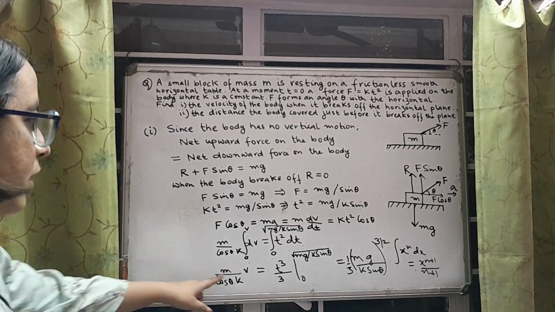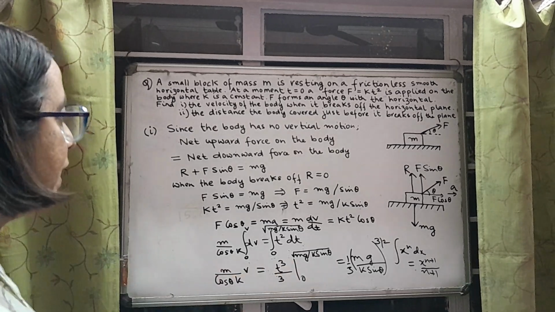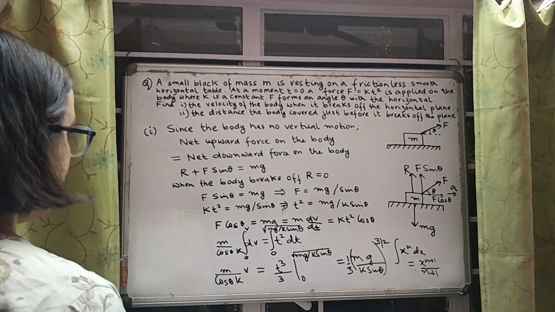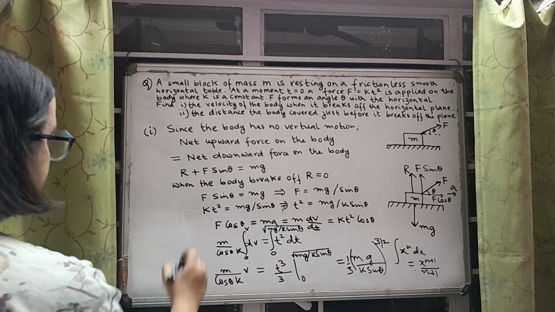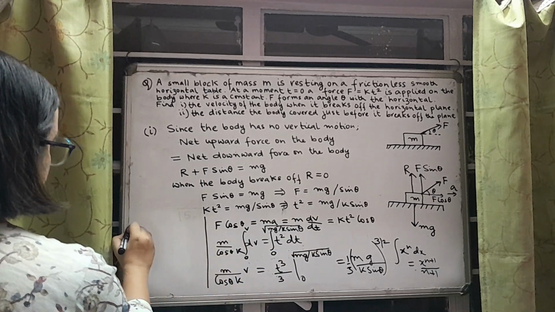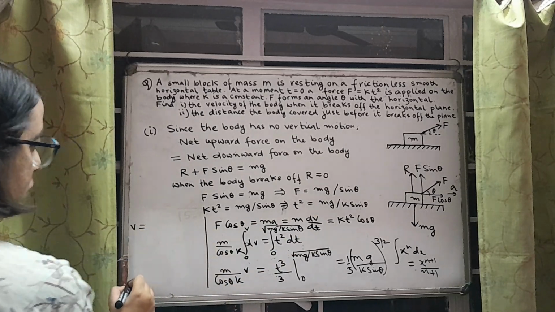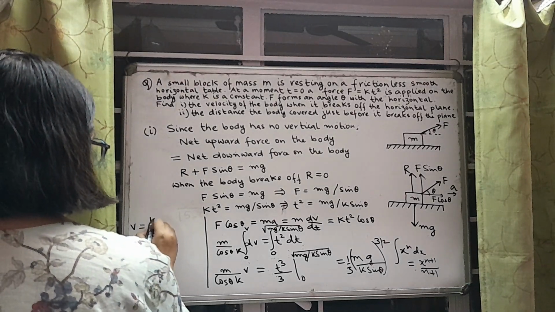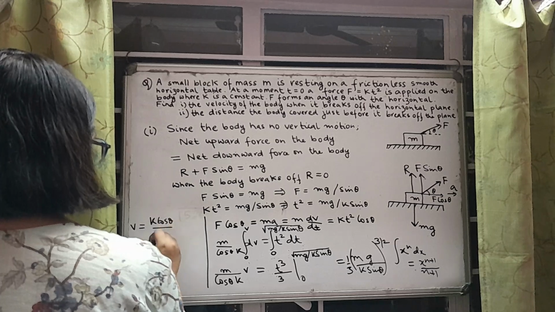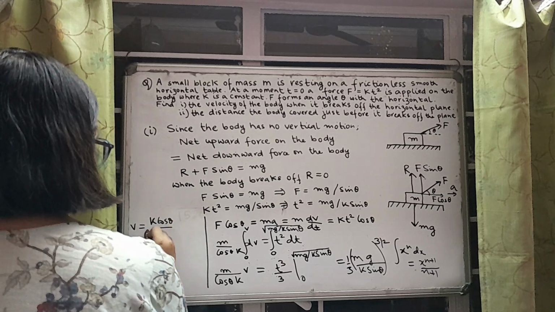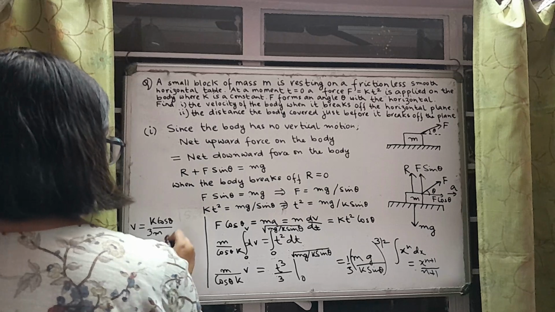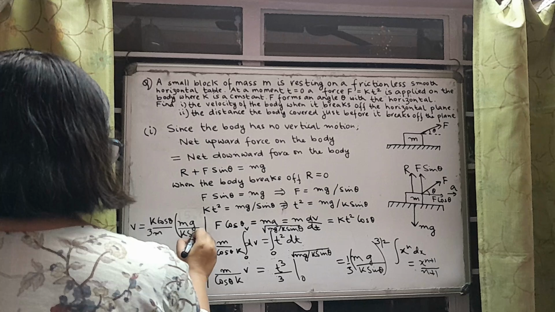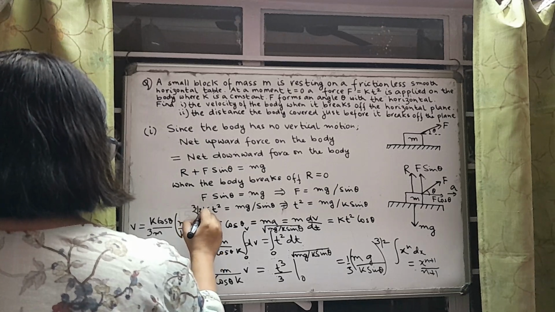So from this relation I'll get my velocity. If I take the constants there, then v will become equal to k cos theta by m by 3 into mg by k sine theta to the power 3 by 2.